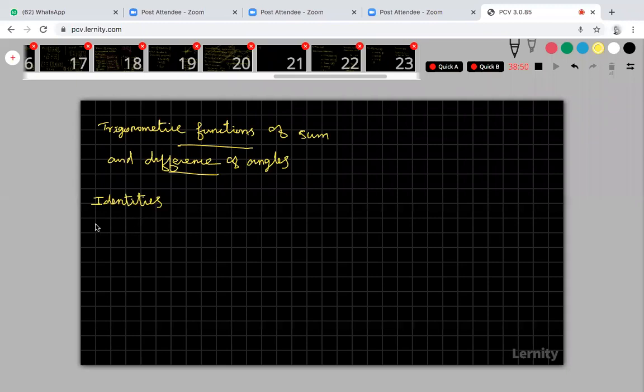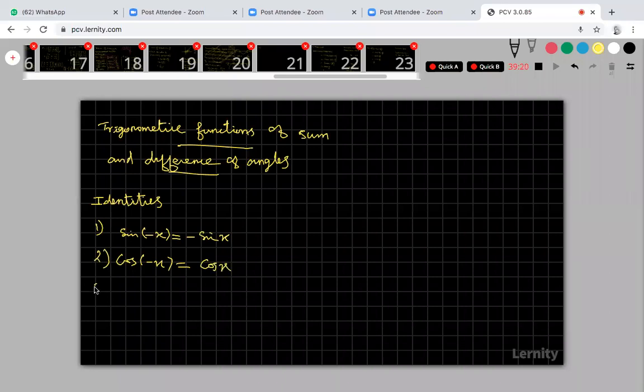So the first identity is sine of minus x. What is sine of minus x? Just now we have discussed, sine of minus x is minus sine x. Okay, right. Second identity is cos of minus x. What is cos of minus x? This is cos x only.